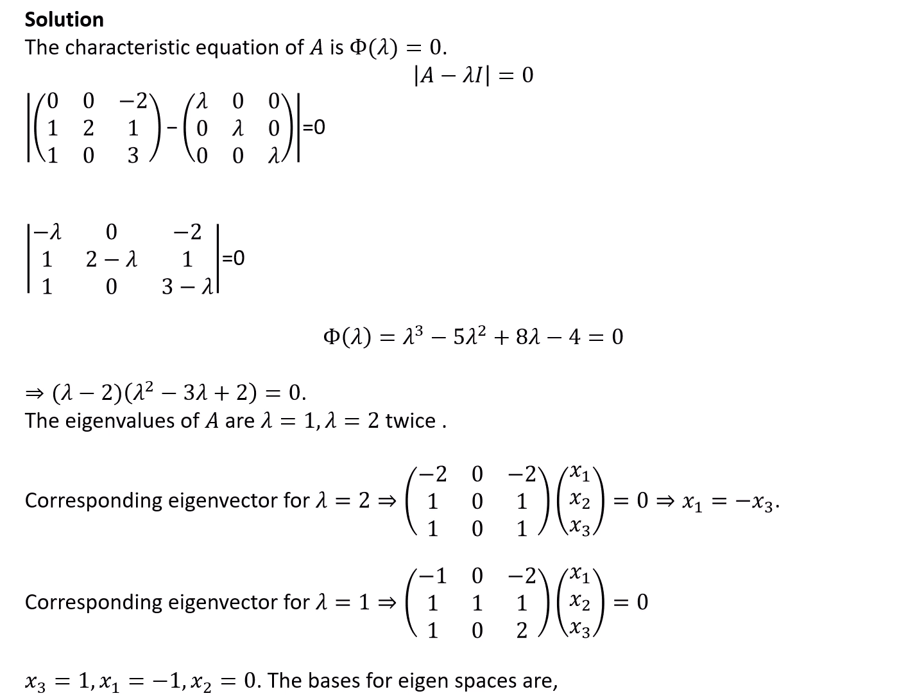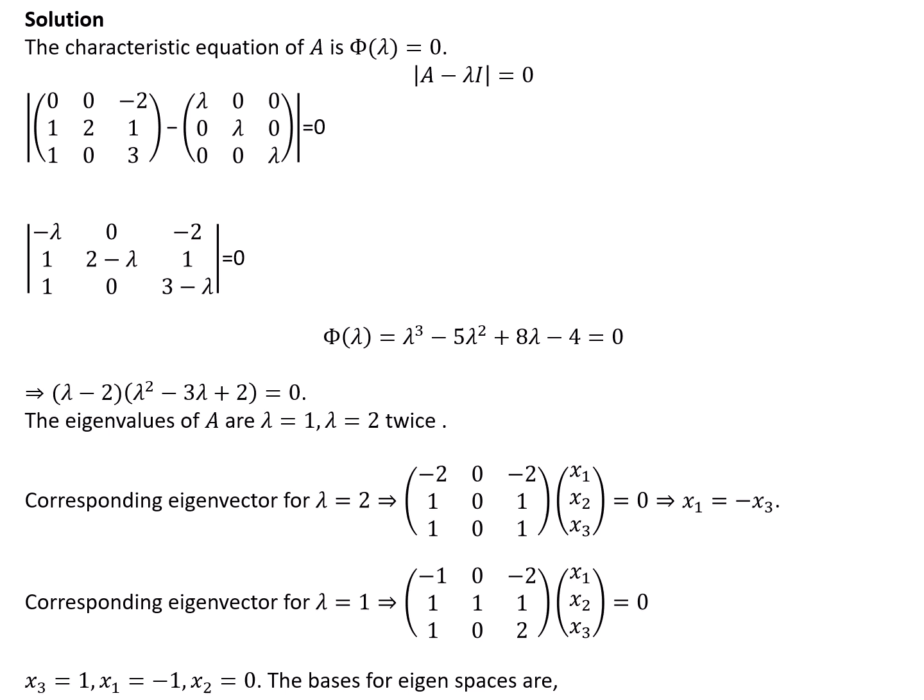You know your lambda, which is the characteristic variable. Then your I is the identity matrix, which in this case is going to be a 3 by 3 identity matrix.